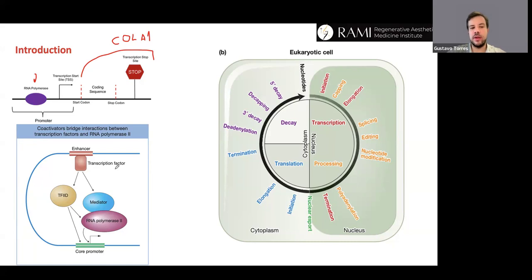And this normally happens because the transcription factors become active, and therefore activate the RNA polymerase too, and it does produce collagen.